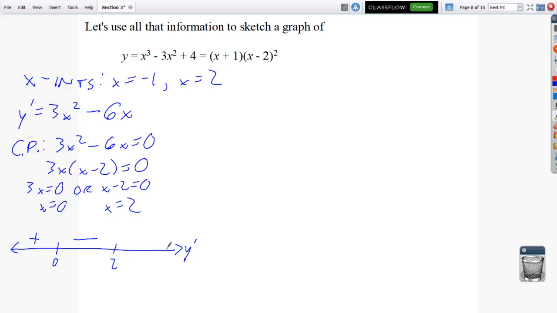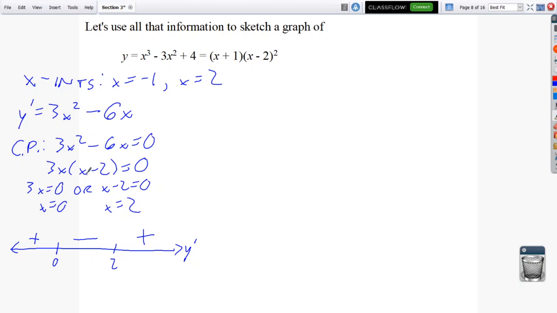Bigger than 2 is positive, so this factor is positive, and bigger than 2 minus 2 gives me positive. Positive times positive means positive. Doesn't work for you? Use 10,000. 3 times 10,000 is 30,000. 30,000 times 9,998 is pretty darn positive, isn't it?